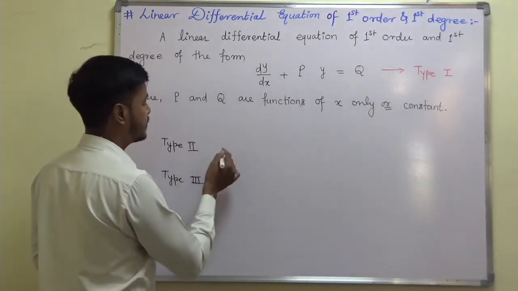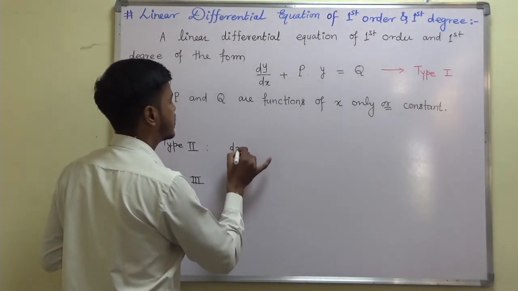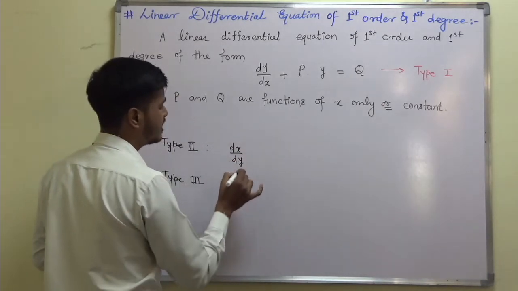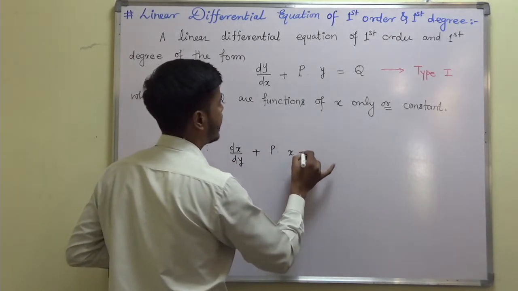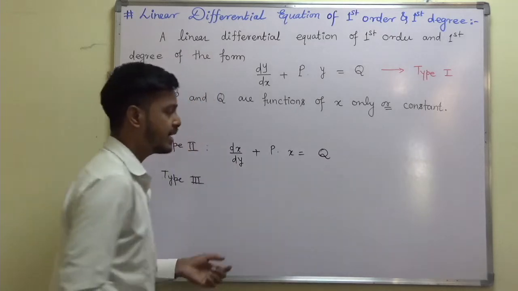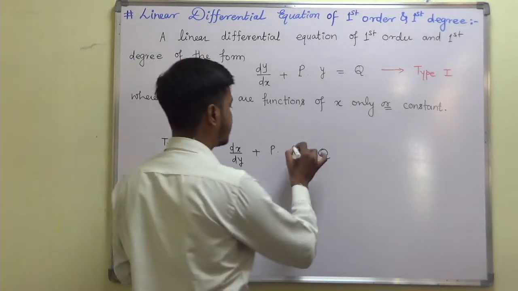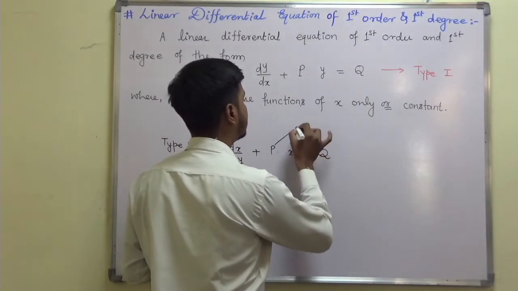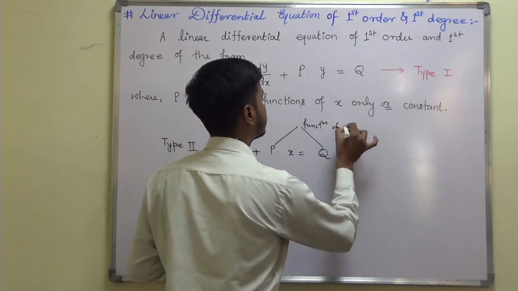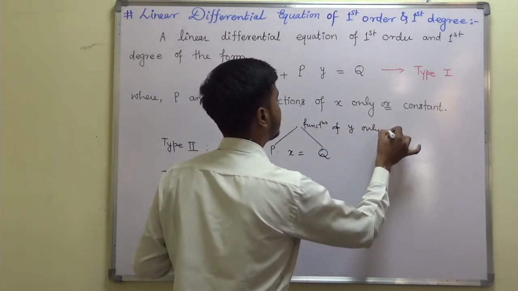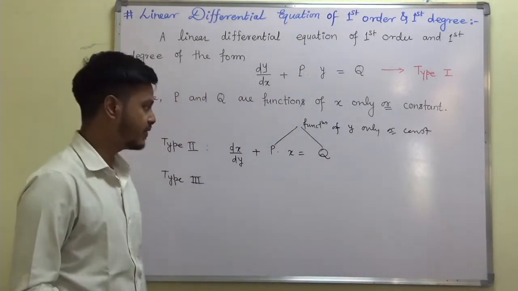So type number 2 is a differential equation of the form dx by dy plus P into x is equal to Q. This is type 2, where P and Q are functions of y only or they are just constants, that we shall take in the next learning video.